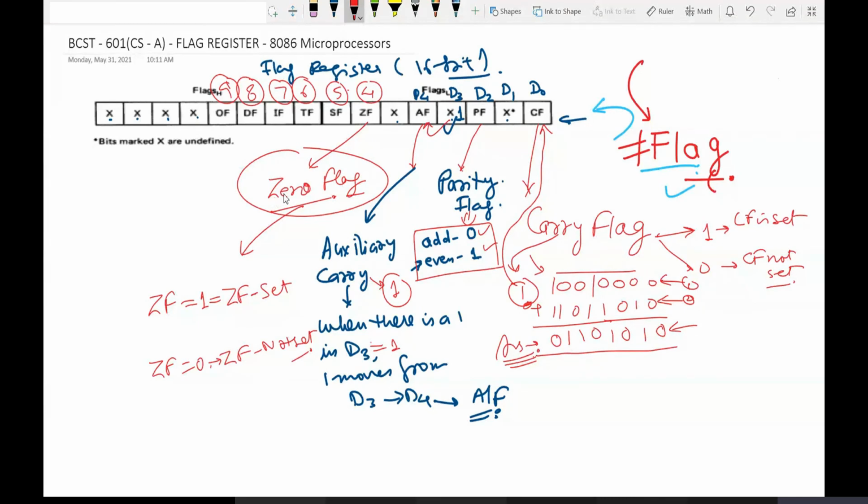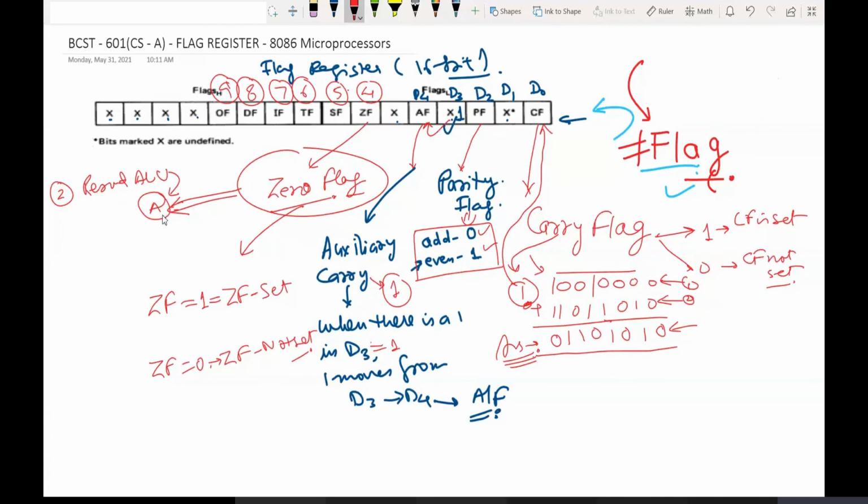See, I've already given you the rule of programming in assembly language programming. Rule number 2 says whatever result comes out of the ALU, it will be stored in the accumulator. Fine. So what the zero flag will check is simply the accumulator.